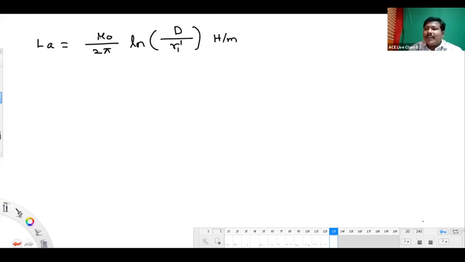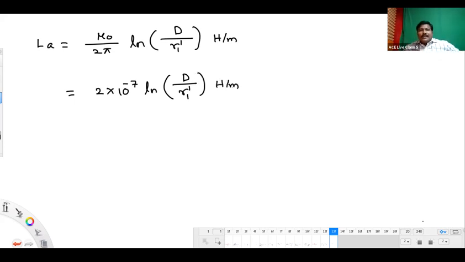And that mu naught you can keep as 4 pi into 10 power minus 7, divided by 2 pi, and you get 2 into 10 power minus 7 ln of D by r1 dash in terms of Henry by meter.